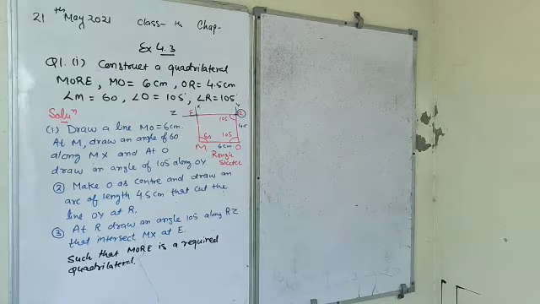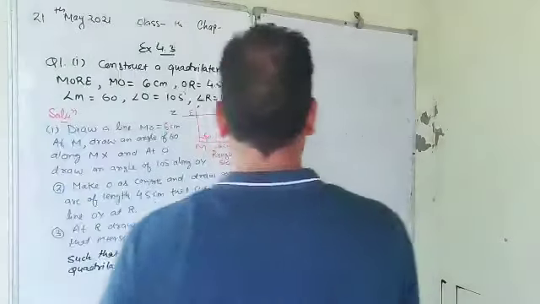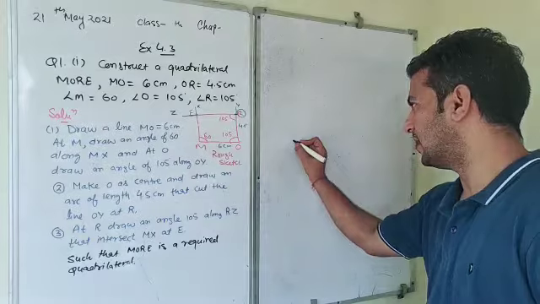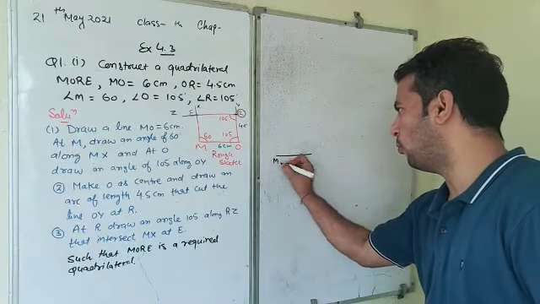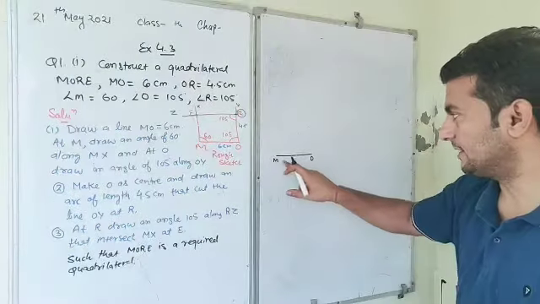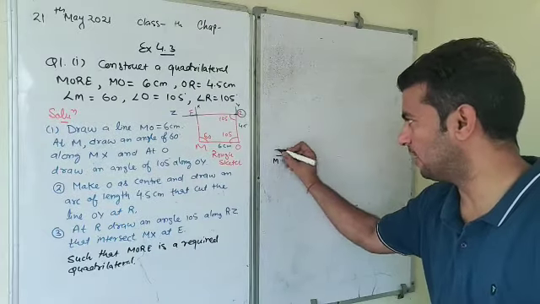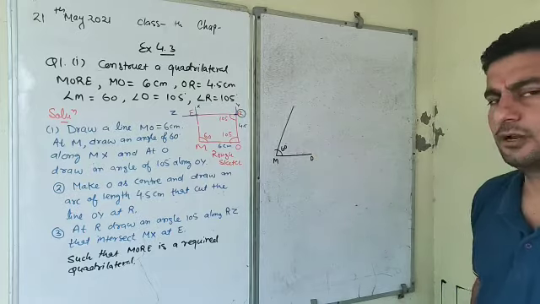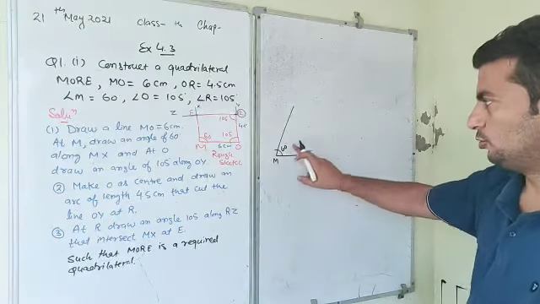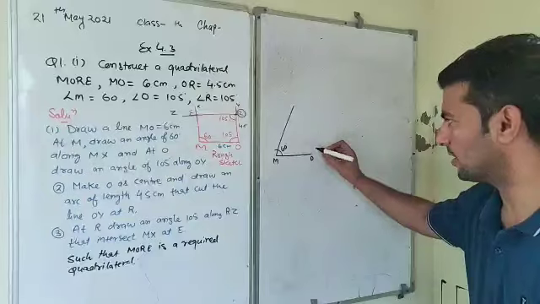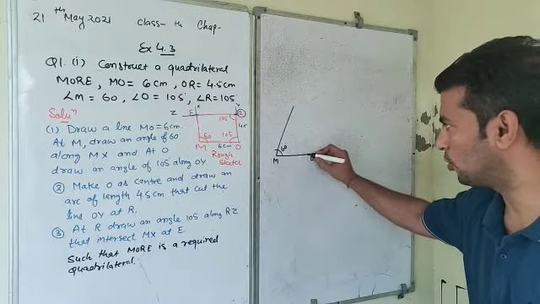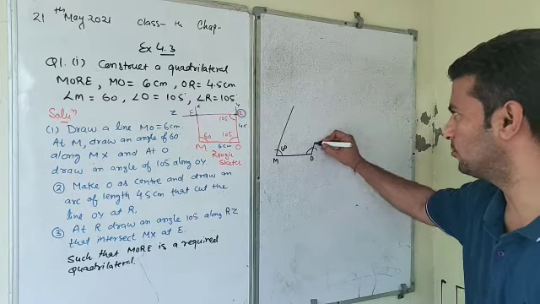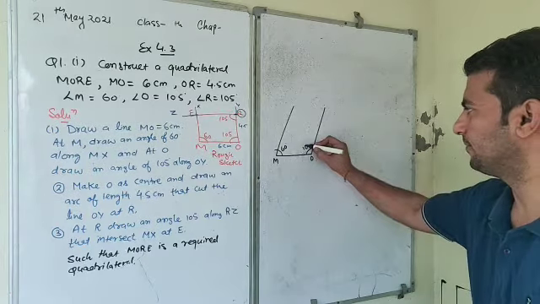Now we have to draw the construction also. Now look at here. In the first step, we have drawn a line MO. Now at M we have drawn an angle of 60 degree using protractor or compass, whatever you have. Now at O draw an angle of 105, just a little more than 90.